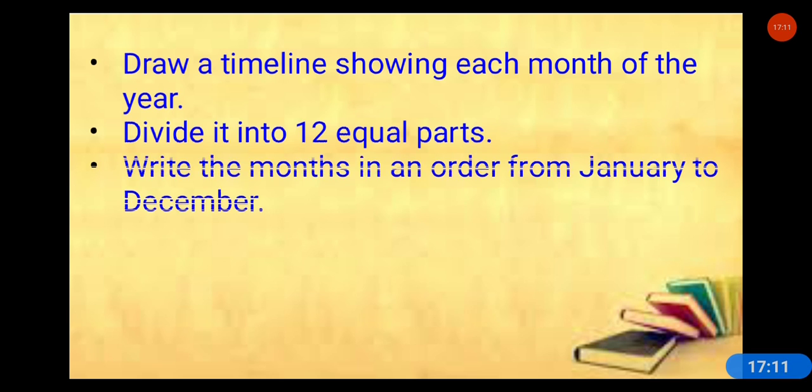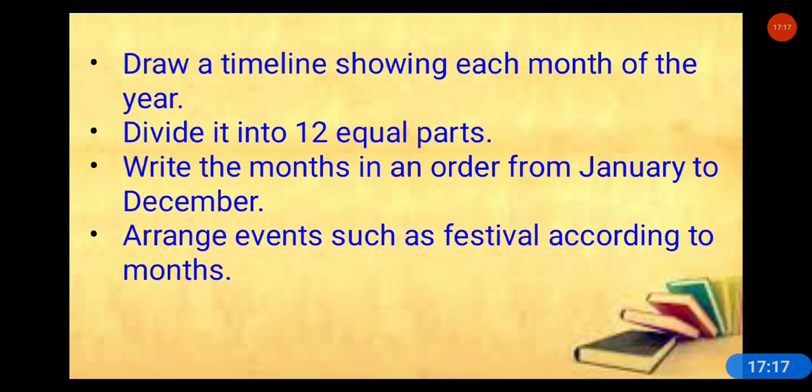And after that, write the months in order from January to December in the down part, and arrange events such as festivals according to month wise. So this is the process of how to arrange the events on the timeline.